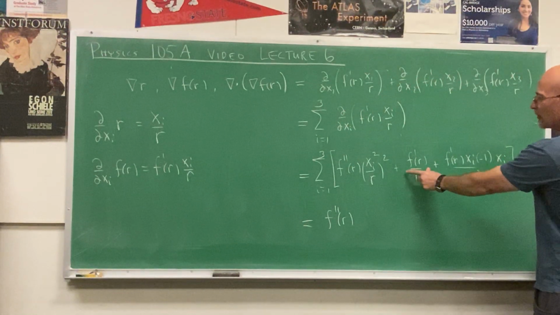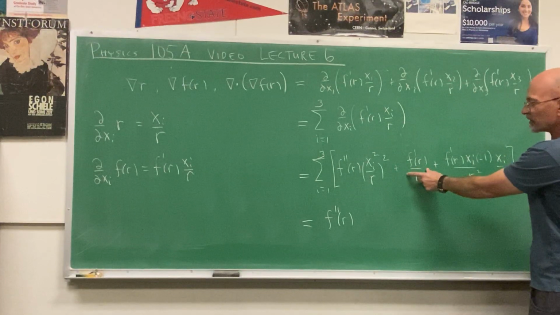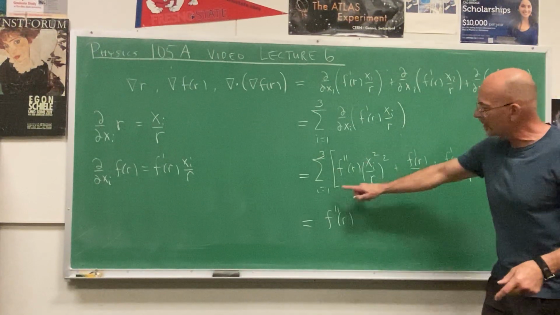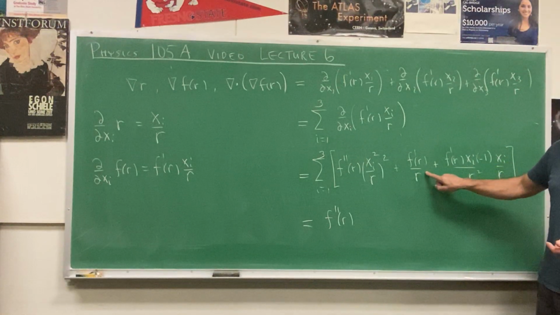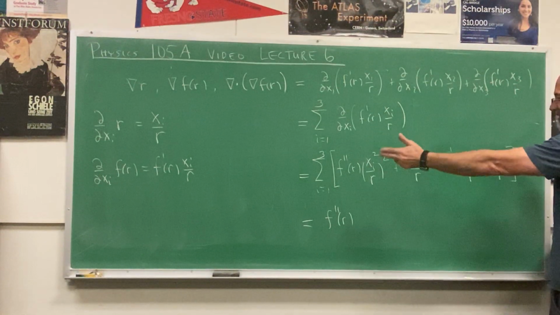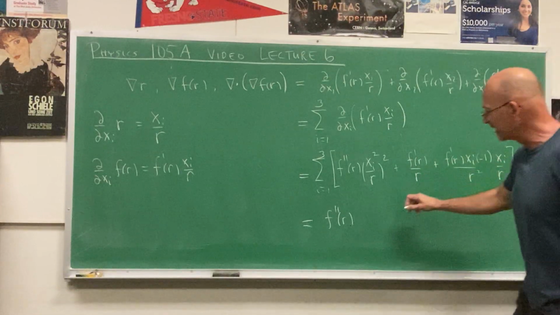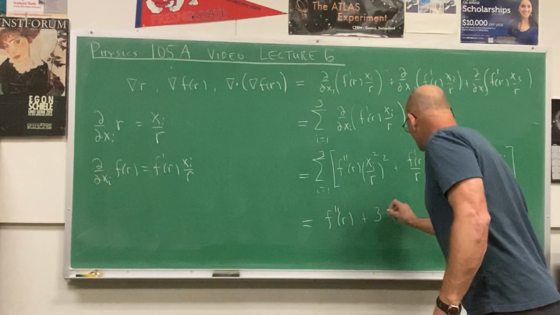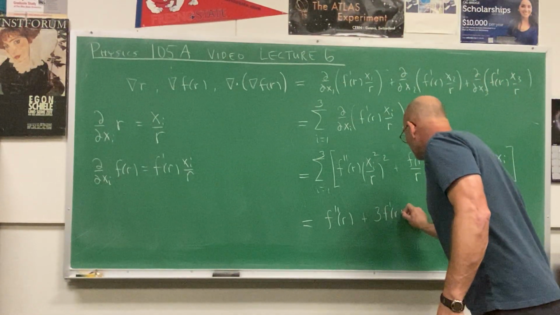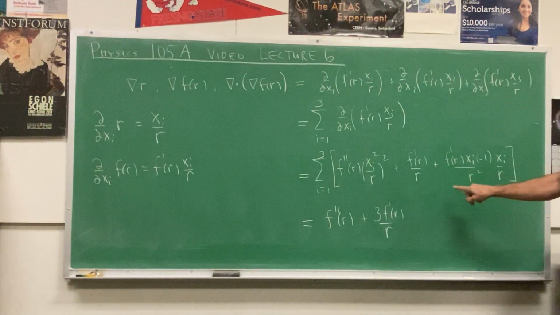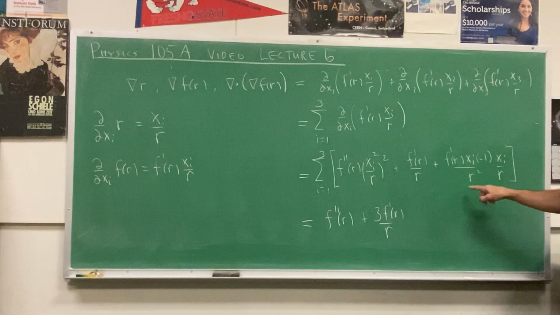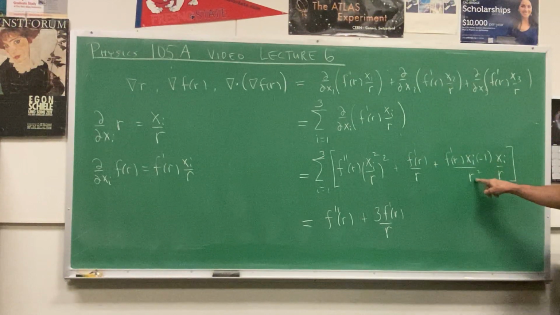Now when we sum over this, there is no subscript, but we're still summing i equals 1 to 3, so we have to add this one in 3 times. It's here for every one of these. So we have 3 f prime of r divided by r, and then down here we're going to have minus f prime of r over r cubed.